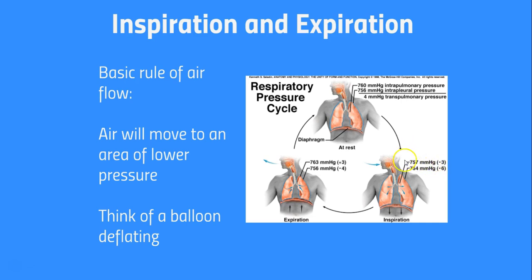Now how have we achieved this? The moment this pressure is lower than the outside air pressure, air starts to flow into the lungs. Contrary to popular belief, your lungs don't inflate because air flows into them. Your lungs need to increase in size before air flows into them, and it will draw air in.